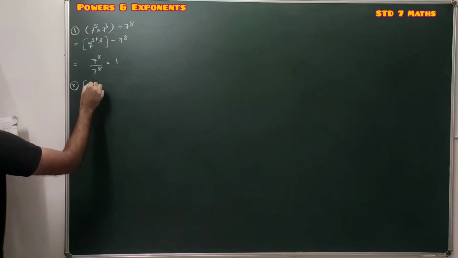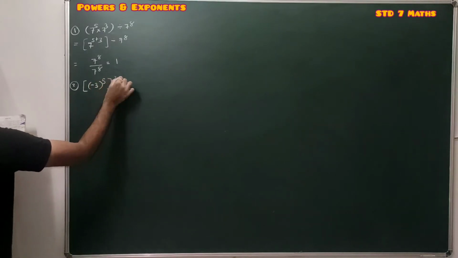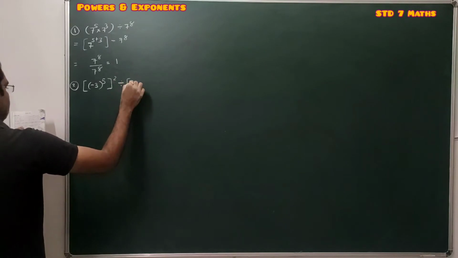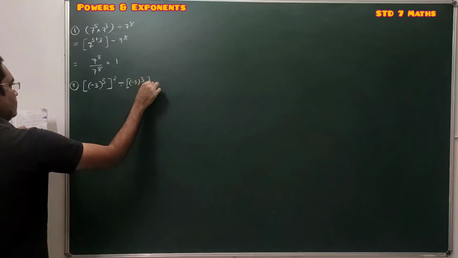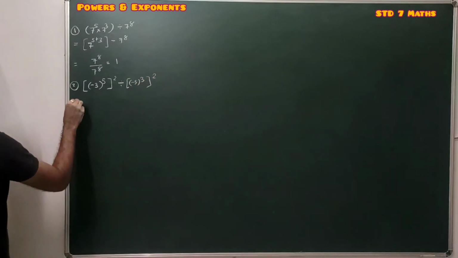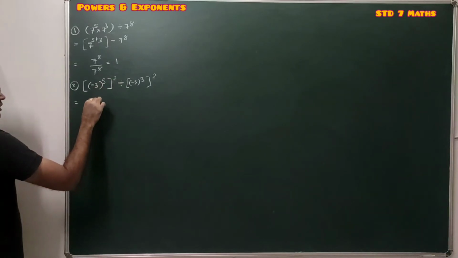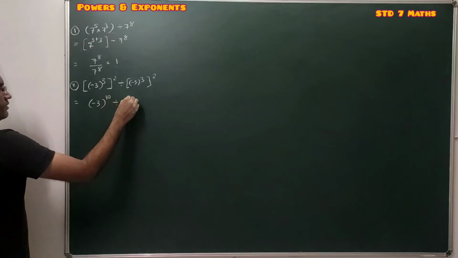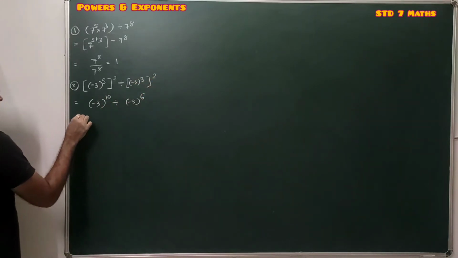You have to find the value of minus 3 raised to 5 whole raised to 2 divided by minus 3 cube whole raised to 2. So this is equal to, power of power is there, so this one is minus 3 raised to 10 divided by minus 3 raised to 6.